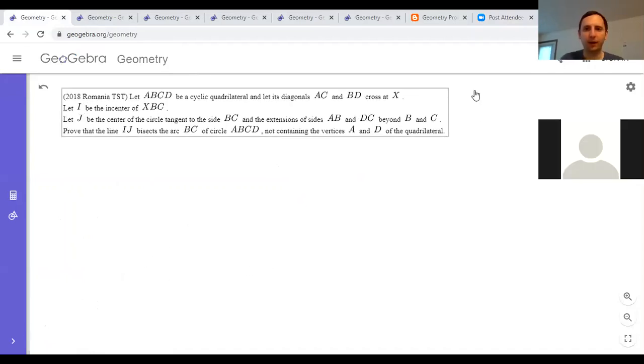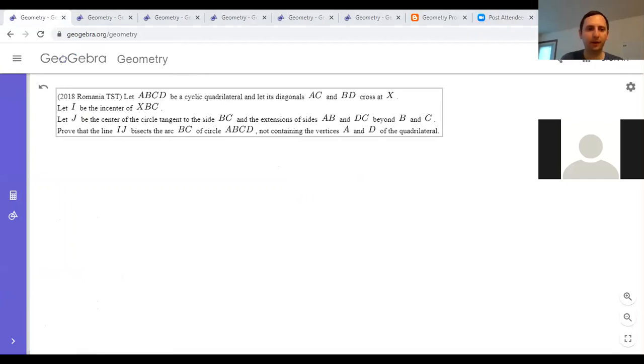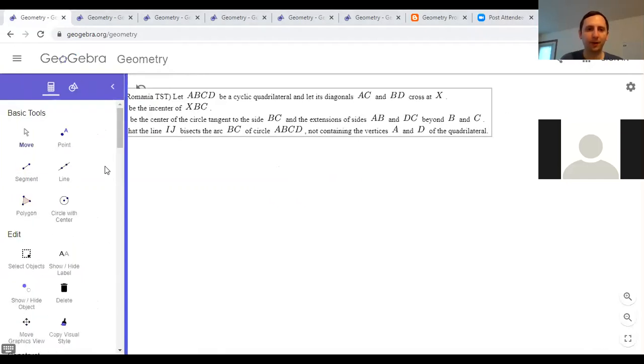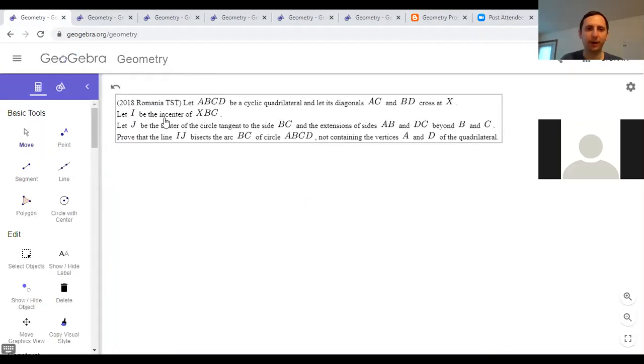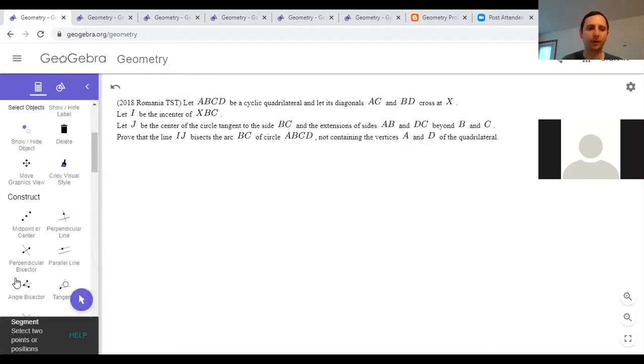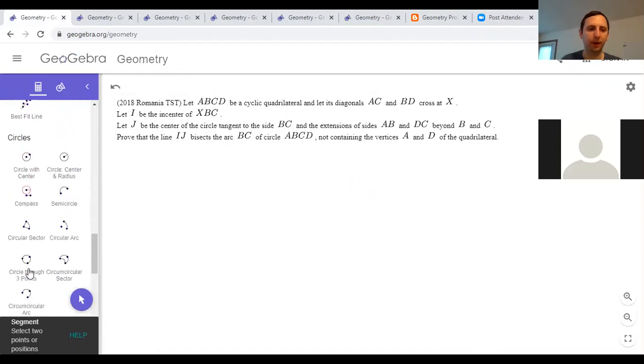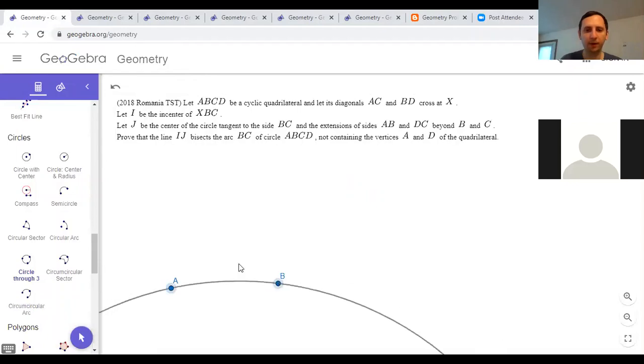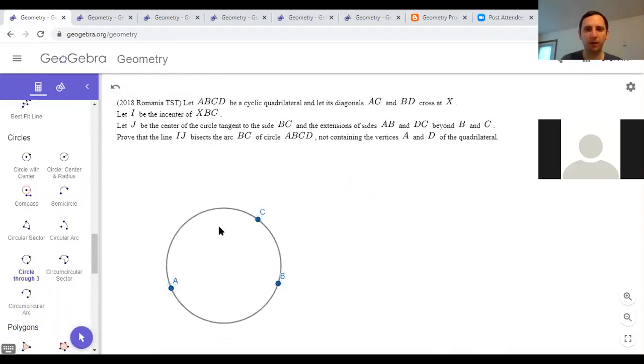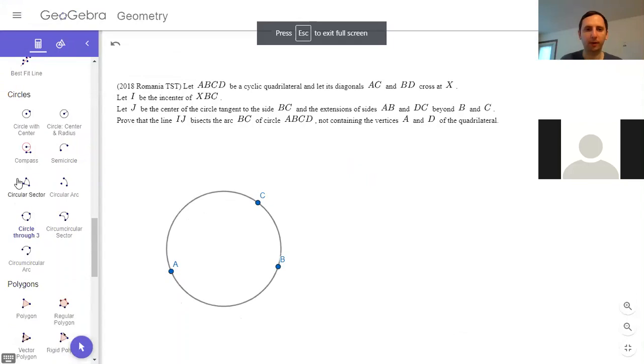So this is a problem from the Romania team selection test. Romania usually does pretty well at the IMO, so I'm assuming it might be kind of hard, but let's see how we do. Okay, so we have a cyclic quadrilateral ABCD. Let me maximize.